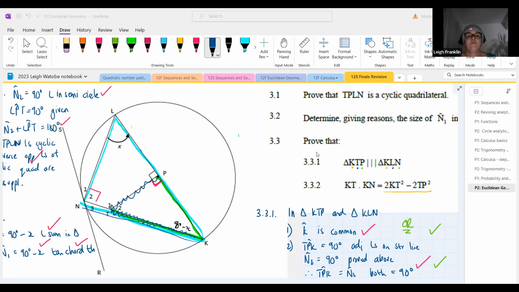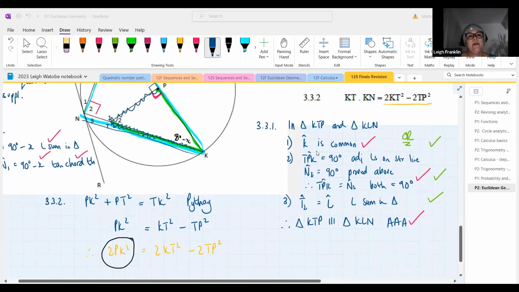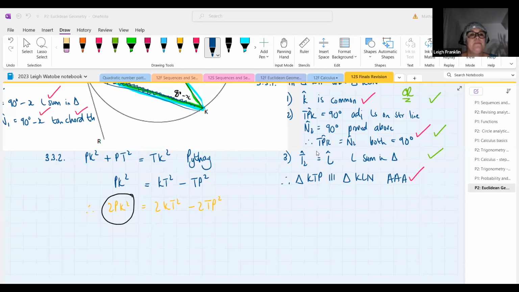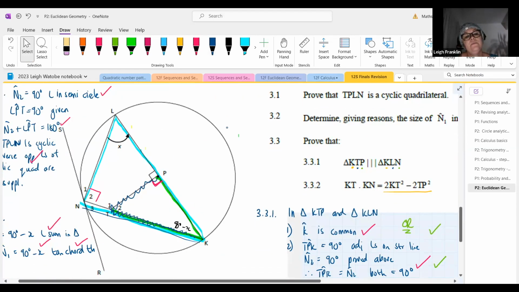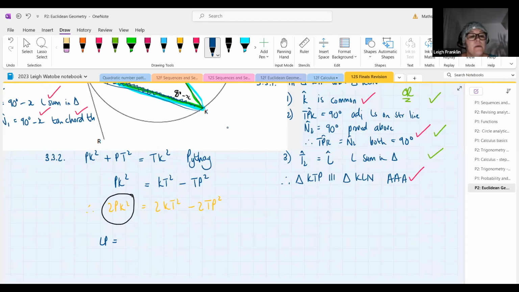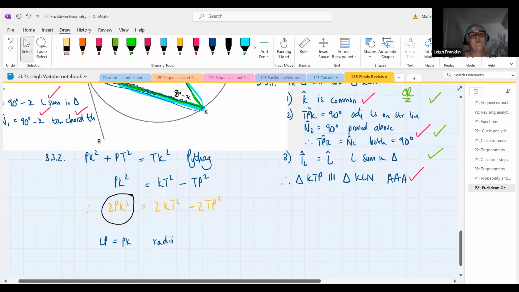All right, good. So LP equals, let's just write that down. LP equals PK, because they are radii.